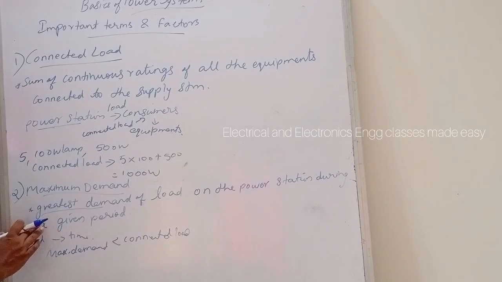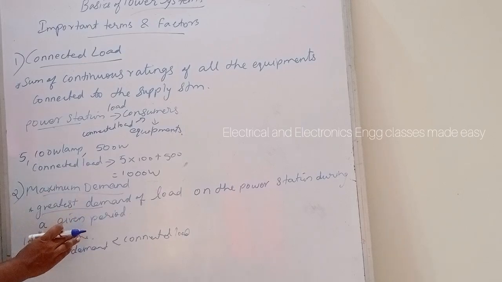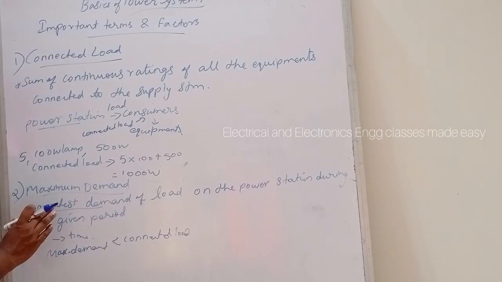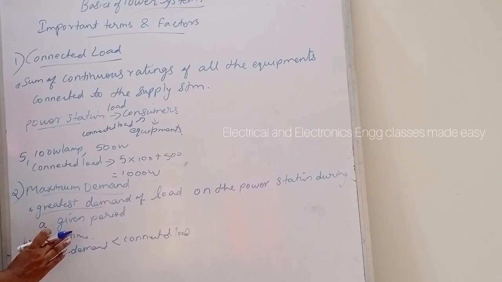The knowledge of maximum demand is very important, as it helps in determining the installed capacity of the station, and the station must be capable of meeting the maximum demand.